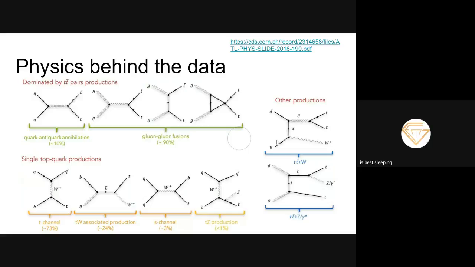Then this is the Feynman diagram, and as said before, the most common one we found is the t-channel.